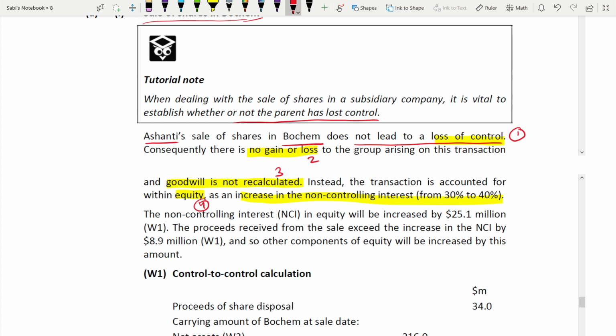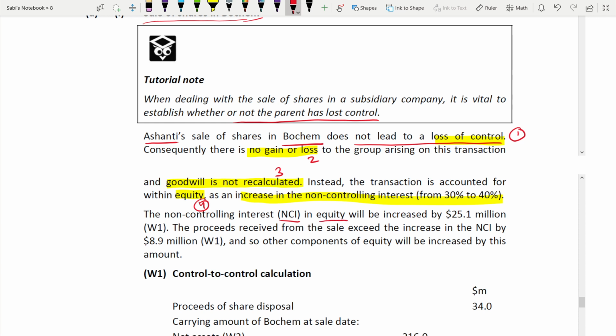Fourth point done. Now next. NCI in equity will be increased by how much? Definitely you need NCI, so you need to calculate it, because the requirement asked you to explain with supporting calculations. What do supporting calculations mean? What are the figures you need? One of them is NCI, and this will mean equity only.